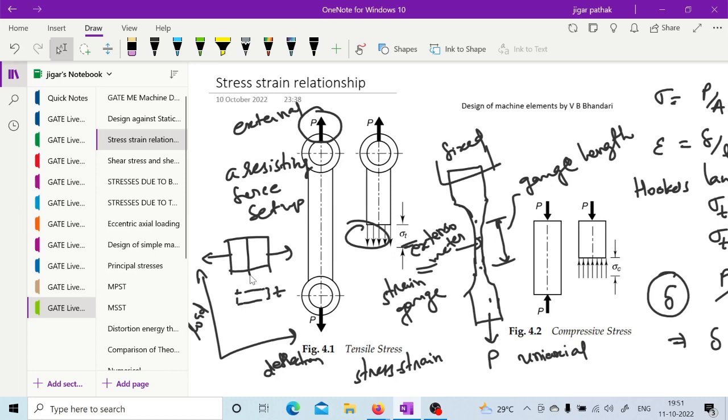If you are going to take a cross section here, then it may be like this, I guess. You can have the direction of this tensile stress. It is perpendicular to the area on which it is acting. But I guess here it is not that clear.